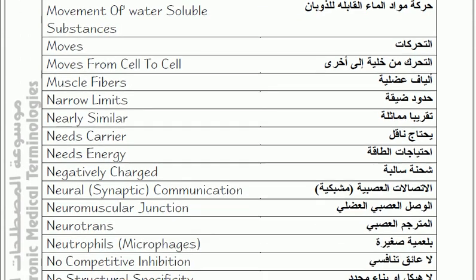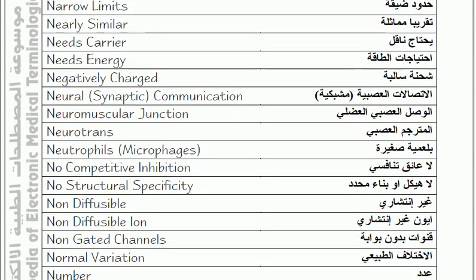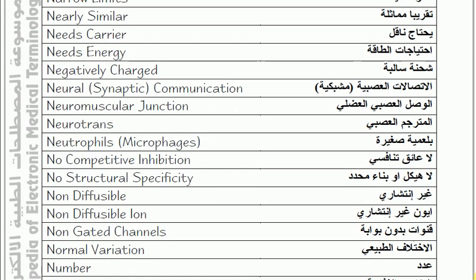Muscle fibers. Narrow limits. Nearly similar. Needs carrier. Needs energy. Negatively charged. Neural synaptic communication. Neuromuscular junction. Neurotransmitters. Neutrophils, macrophages. No competitive inhibition. No structural specificity.